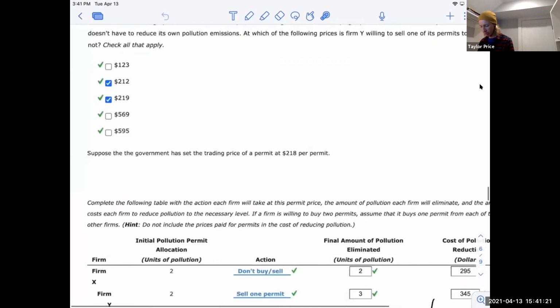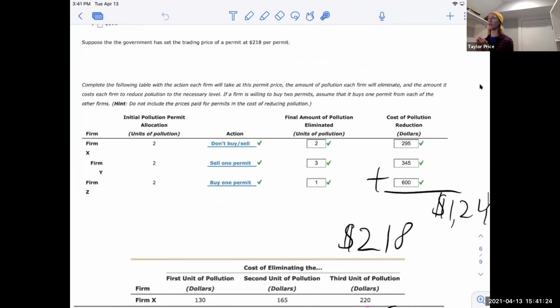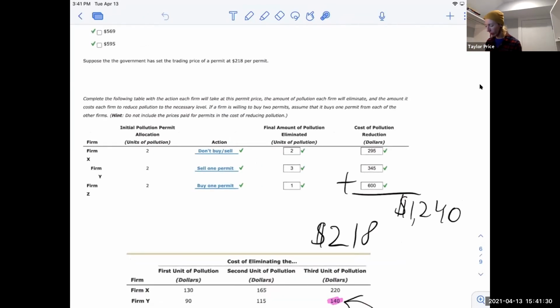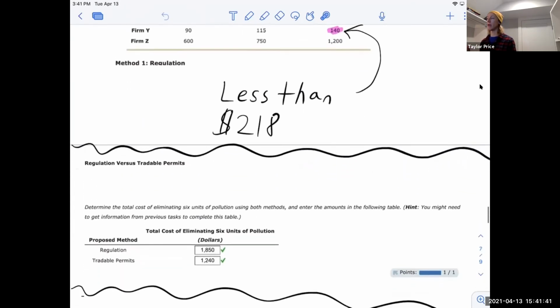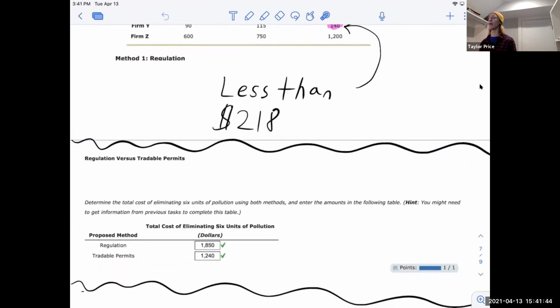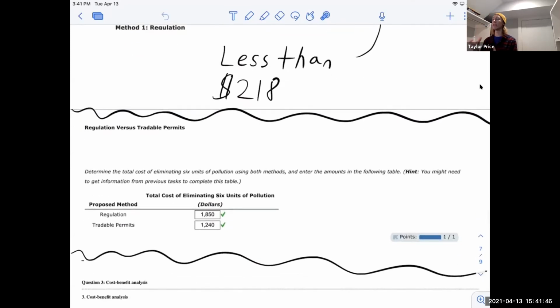If we scroll down here, we can see that firm Y is going to sell a permit to Z. By doing that, they come to a total cost of $1,240. So the tradable permits are going to be cheaper than the regulation.